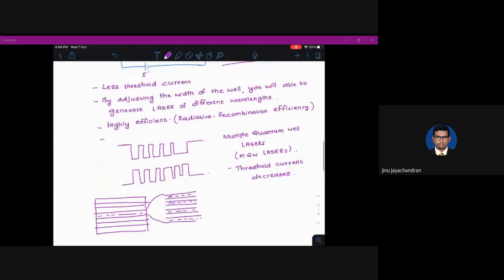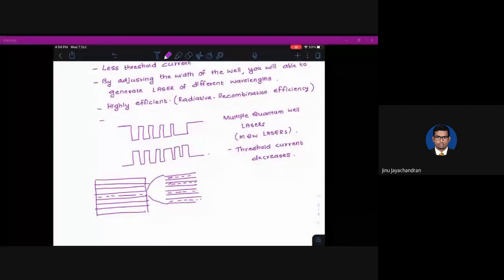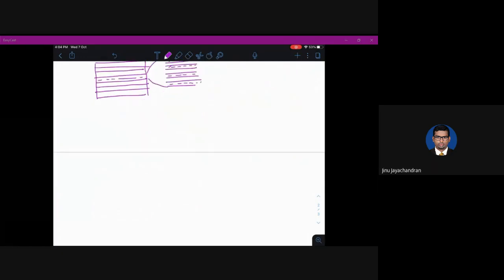These lasers are mostly based on the different types of junctions: homojunction, heterojunction, double heterojunction, and quantum well. So everything is based on the junctions. Now there are two special types of lasers.